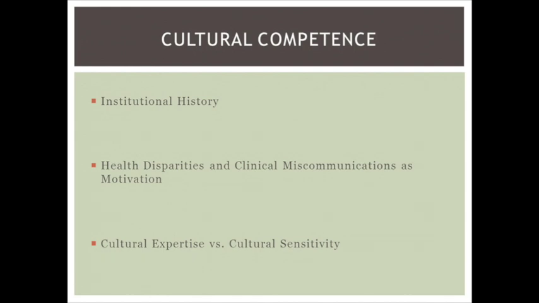And that language was then adopted into medicine in the 80s and 90s. So organizations like the AAMC and ACGME that regulate medical schools and residency programs began to adopt the term cultural competency from education as a way of looking at health disparities in particular.